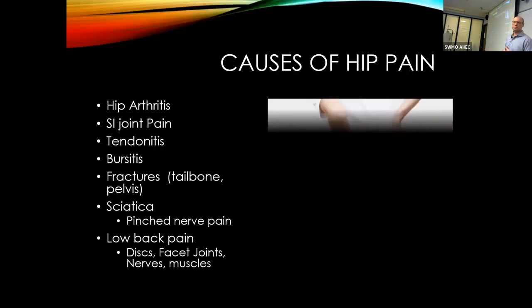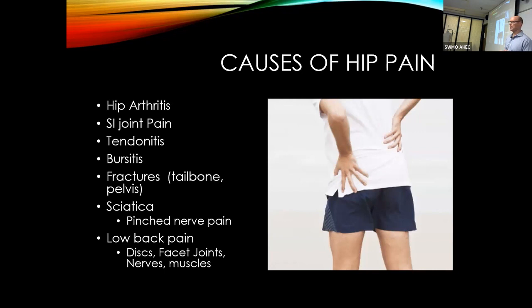So cause of hip pain. Hip pains are, like I said, my hip hurts. It can be anything. That has to be your differential too, anything. Because it can be SI joint pain, hip arthritis, tendonitis, bursitis, fractures, radiculopathy, kidney stone, ectopic pregnancy.